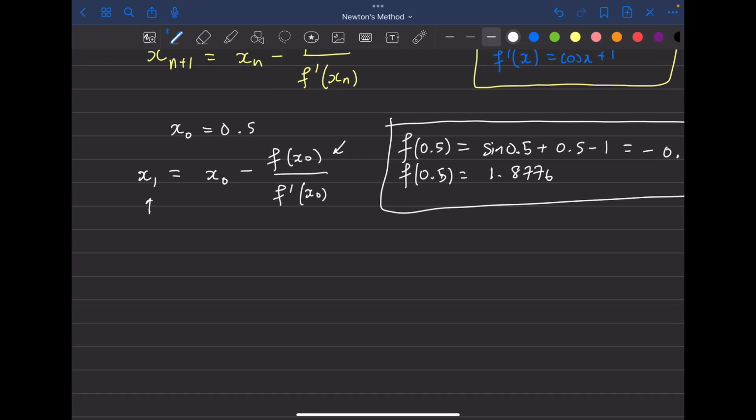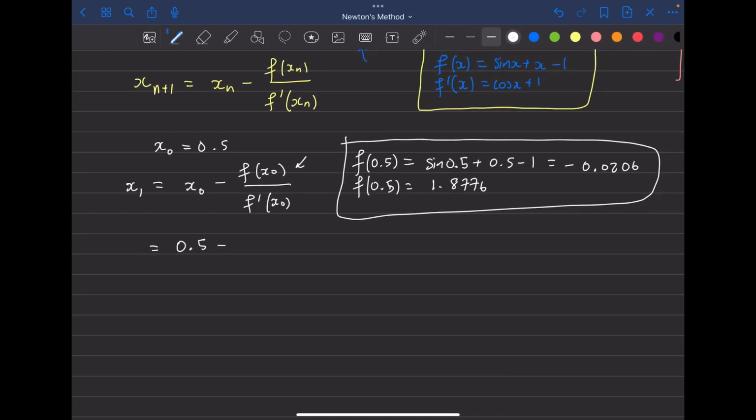Now let's find x1. So x1 would be equal to 0.5, because x0 is 0.5, minus, we found that f of x0 is negative 0.0206. So let's write that down: minus negative 0.0206 on top.